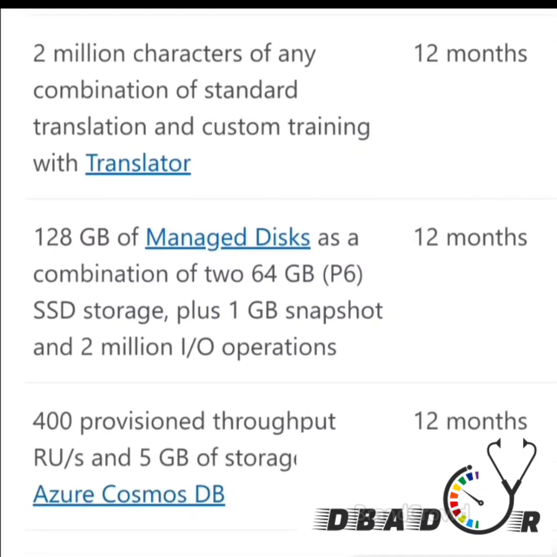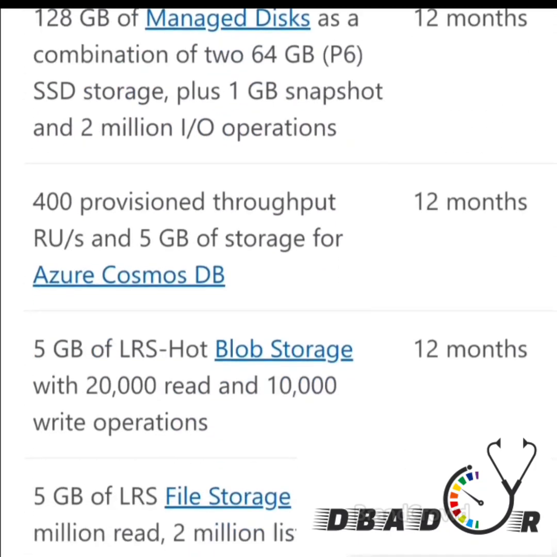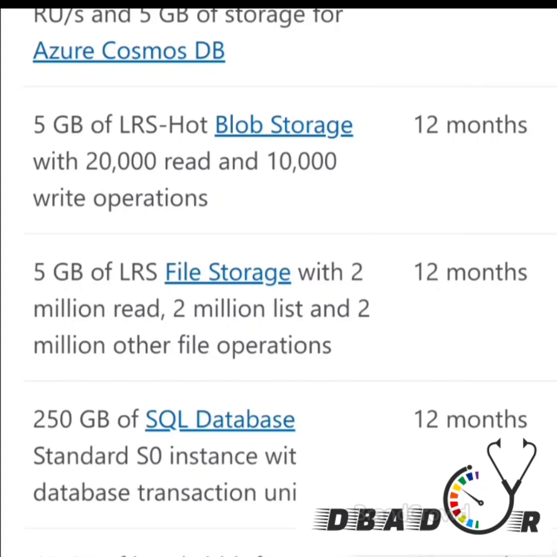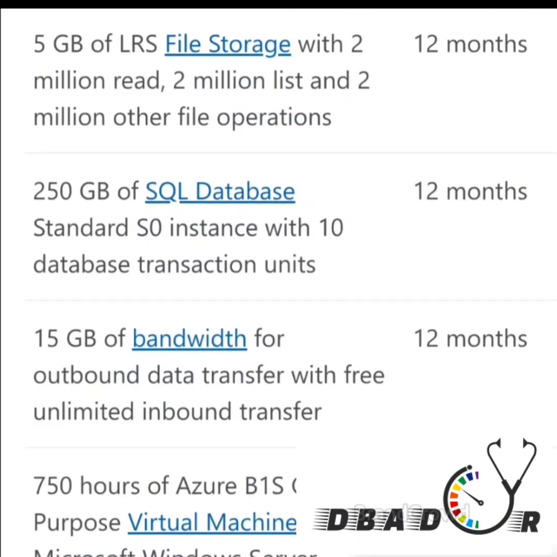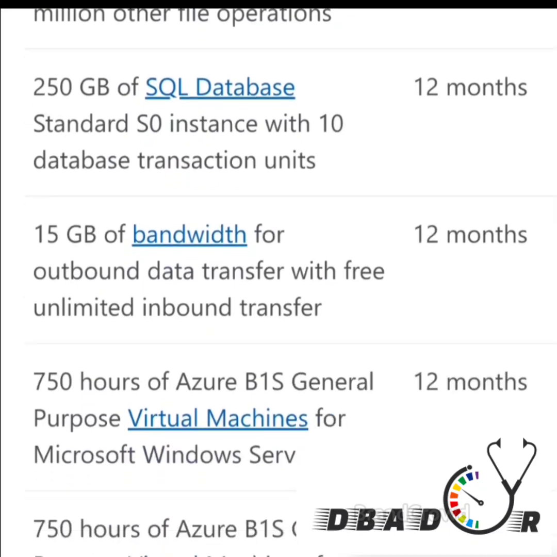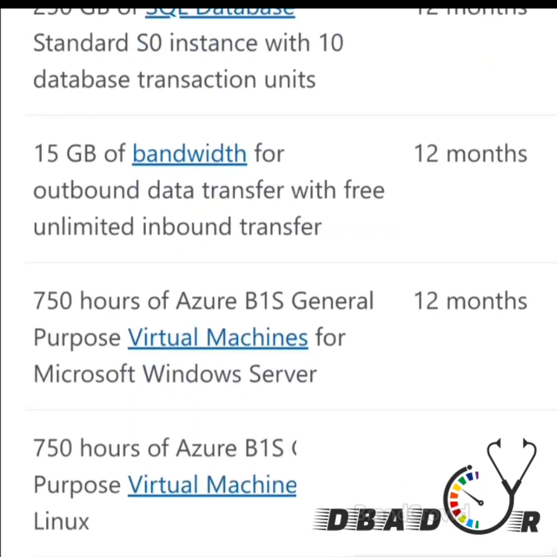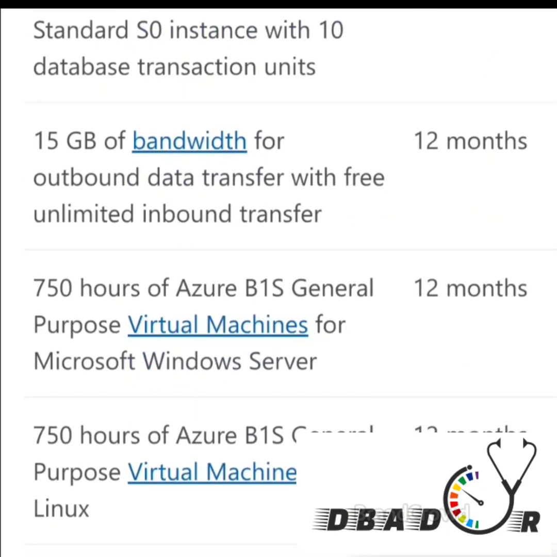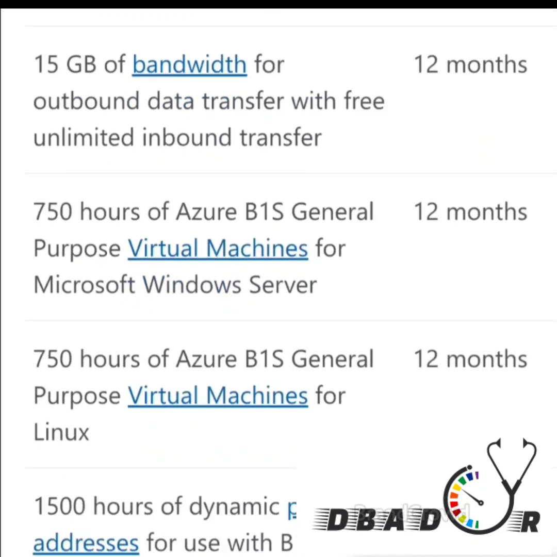Okay, and Azure will give you some managed disk. That disk is 128 GB. It will provide 64 GB SSD storage, something like an average disk space, and you have 400 provisioned throughput for Azure Cosmos DB, 5 GB blob storage with 2000 read and 10,000 write operations.